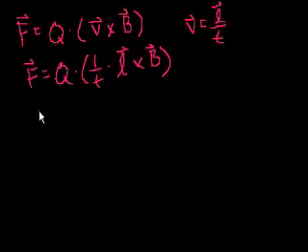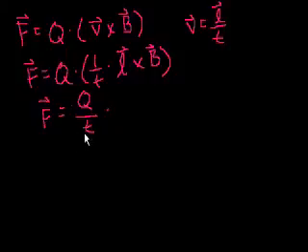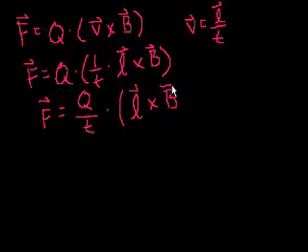So what we get left with is force is equal to charge per time times, and this is just a regular times because this is just a number, it's not a vector, the cross product of the distance vector and the magnetic field. And what is charge per time? That's coulombs per second. Well, that's just current.